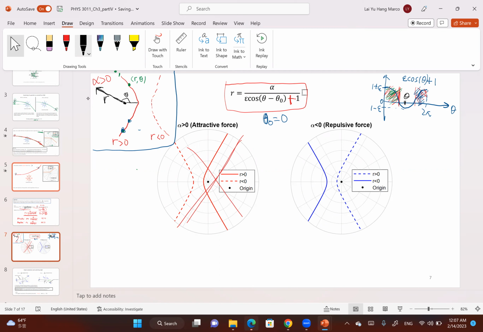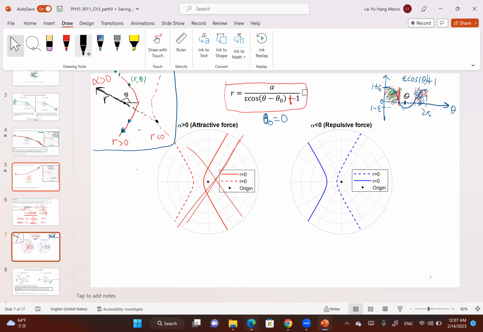It gives a negative value of r. What it means is that this line has to flip over to here, and that's how I get to this point.